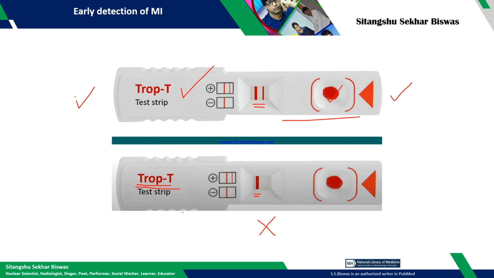Normally, TROP-T is not present in the bloodstream, but in case of myocardial infarction or heart attack, TROP-T is released from the cardiac myocytes and leaks into the bloodstream. If the TROP-T test is then done on that blood, it will give a positive indication.